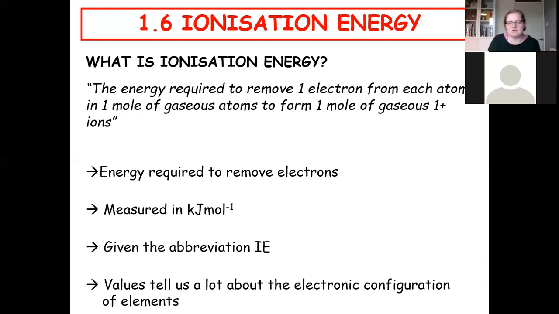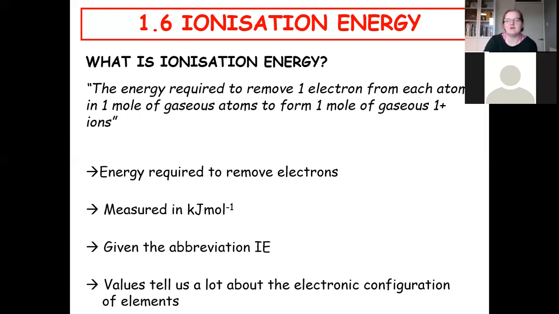Ionization energy is basically the energy that we need to remove electrons from an atom. We measure it in kilojoules per mole, and we give it the abbreviation IE. So if at any point I start writing IE rather than ionization energy, that's just the shorthand for it. Ionization energy is really interesting because it tells us a lot about the electronic configuration of our elements.